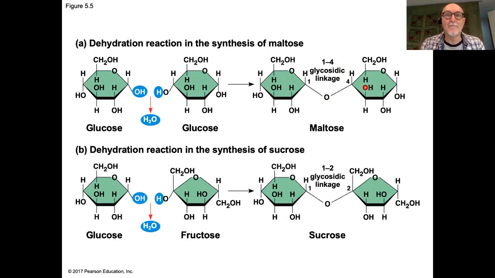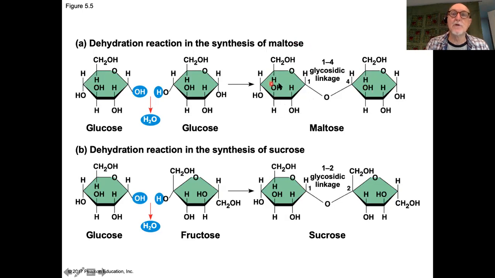It's used for everything from malted milk drinks, malted ice cream, all the way up to malted whiskeys. It is usually produced industrially by fermenting grain. Grain is dampened, allowed to sprout, and it is then crushed and allowed to ferment, and the microbes associated with that produce rich amounts of maltose.